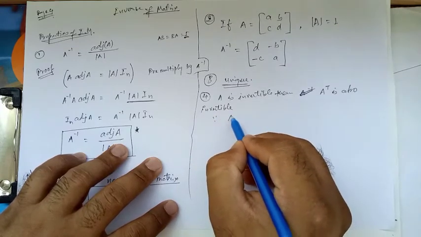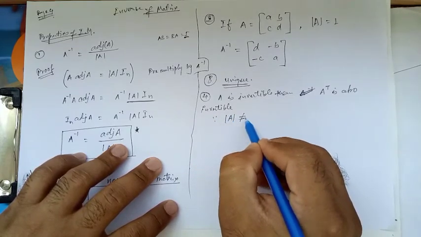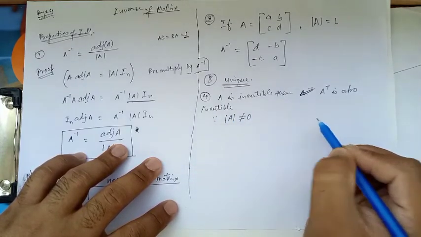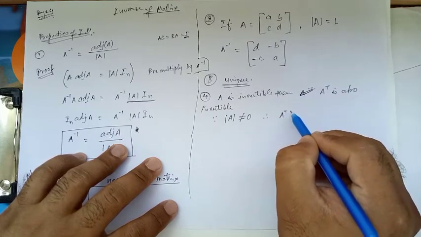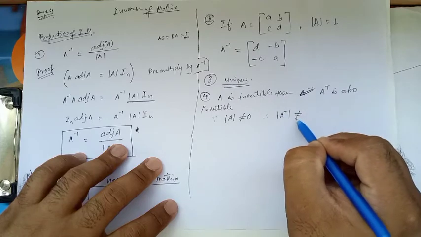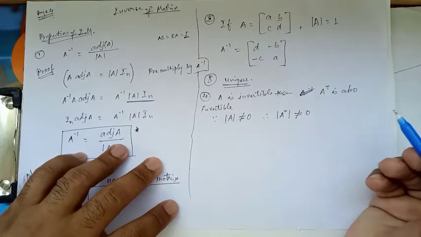Since the determinant of A is not equal to 0, therefore we can also write that the determinant of A transpose will also not equal 0.